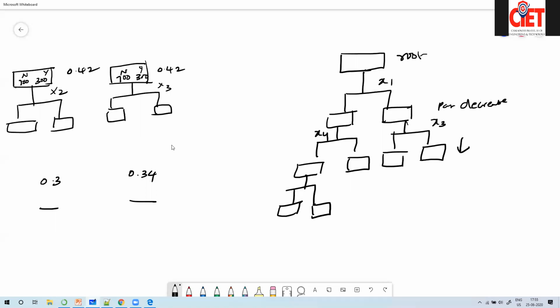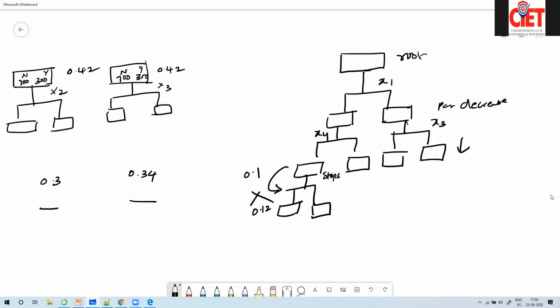If we cannot decrease the Gini from the parent to the child, if the parent is 0.1 and the child is giving 0.12, this is not allowed, it stops there. So as long as the Gini can be decreased from the parent to the child node, it proceeds.